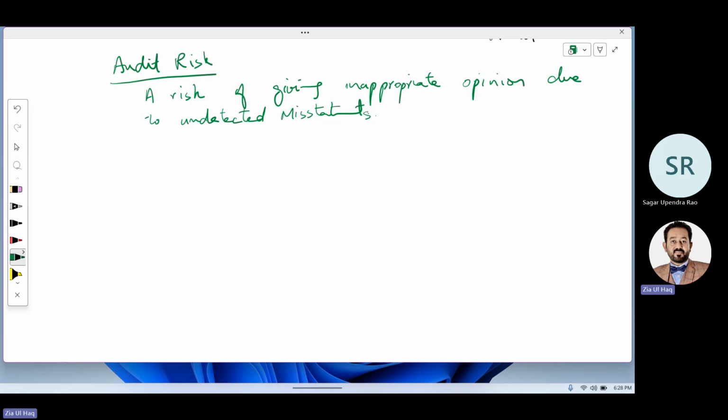So how can we reduce this audit risk? By appointing more experienced staff to the audit of this client. If there is low audit risk, we can go with any level of audit staff experience, that's fine. But if audit risk is high, we need to move towards more experienced staff, and we should adopt a substantive audit approach.